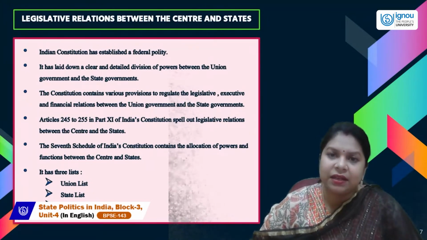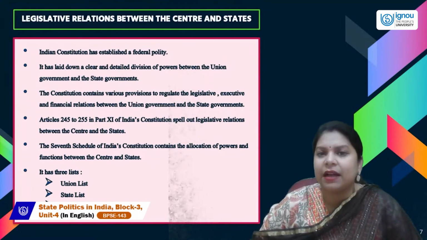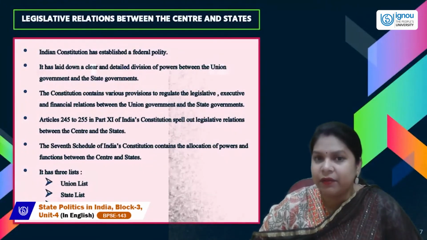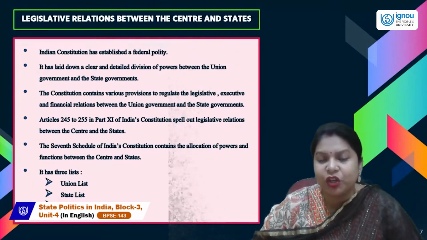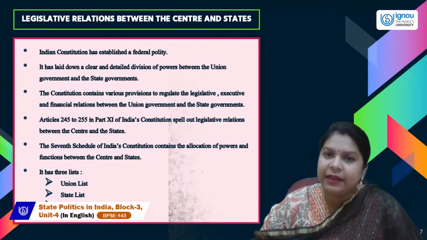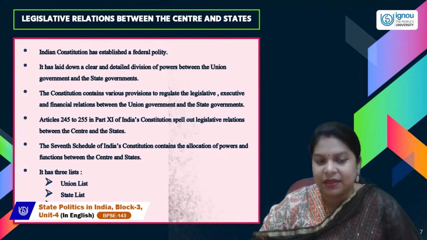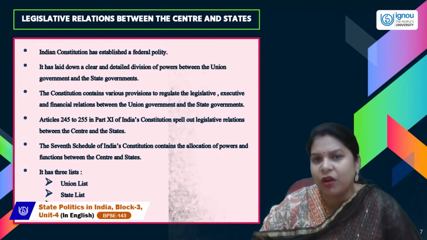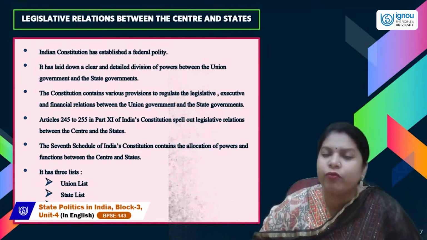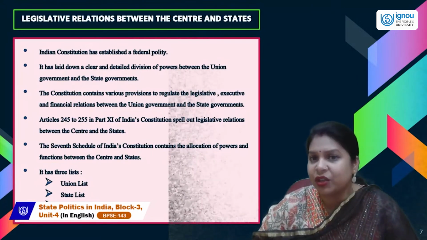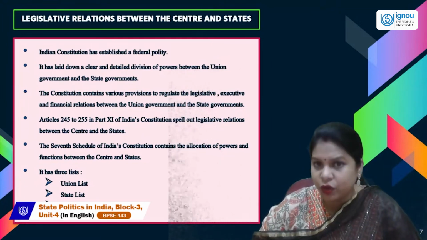The Seventh Schedule of India's Constitution contains the allocation of powers and functions between the center and the states. There is a mention of three lists where it is designated what functions the union should play and what functions the state should play.